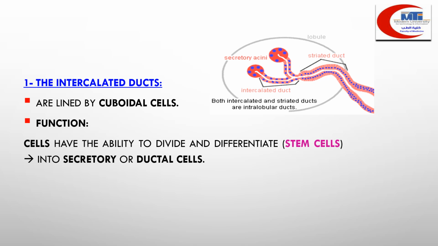Several intercalated ducts join to form the striated ducts. The cells of the intercalated ducts may act as stem cells. They have the ability to divide and differentiate into secretory or ductal cells.